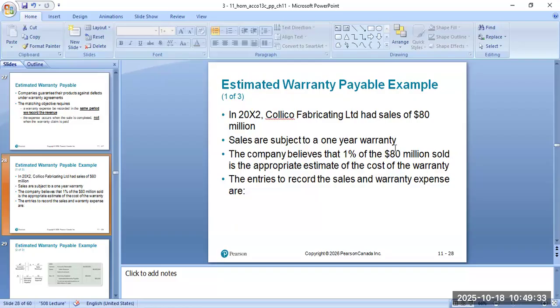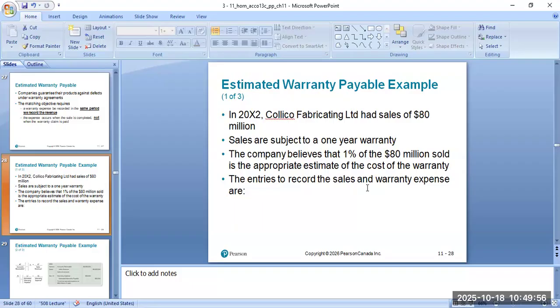I believe I'm providing a very reliable product, which 1% of the sales will be enough to cover all the warranty within 1 year. So the company says, okay, 1% warranty is an appropriate estimate for the cost of the warranty.